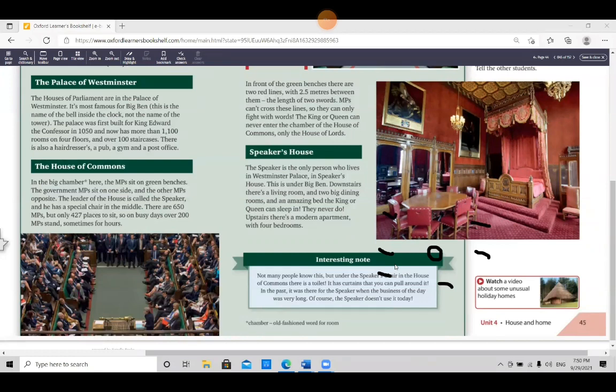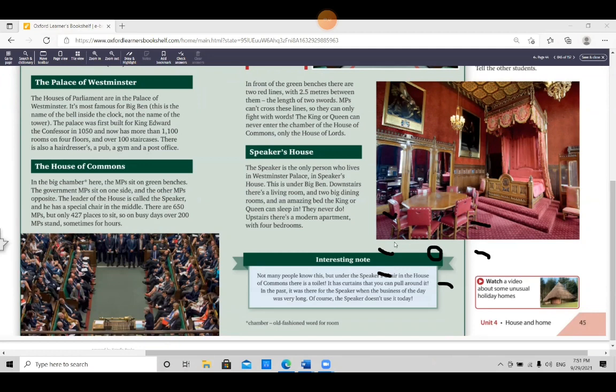Downstairs, there is a living room and two big dining rooms and an amazing bed the king or queen can sleep in. They never do. Upstairs, there is a modern apartment with four bedrooms. So this is the house of the speaker and the place where he stays.